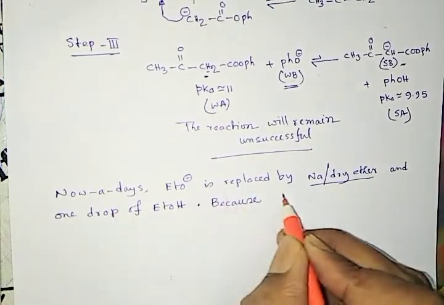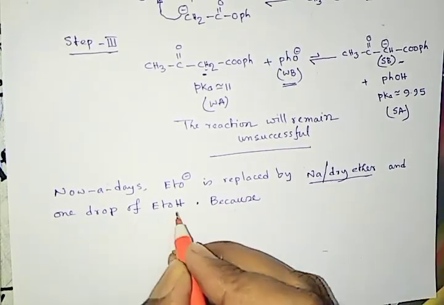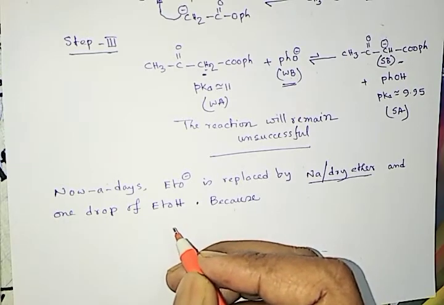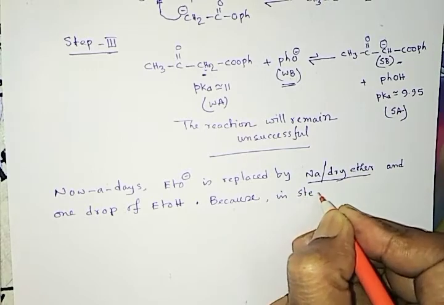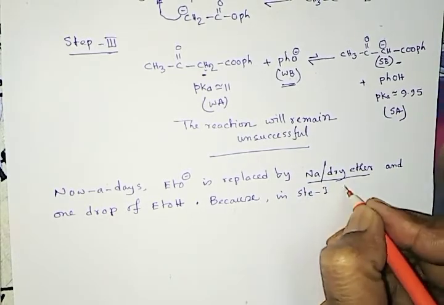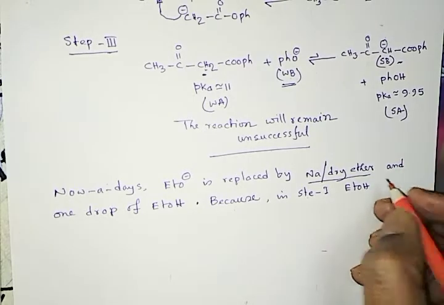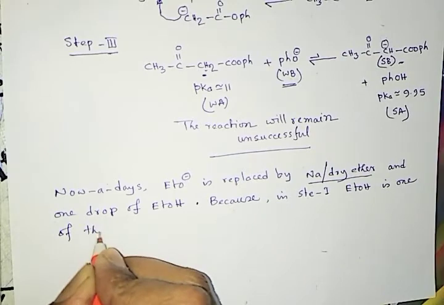Nowadays, ethoxide is replaced by sodium hydride and one drop of ethanol, a very small amount, because in step 1, ethanol is one of the products.